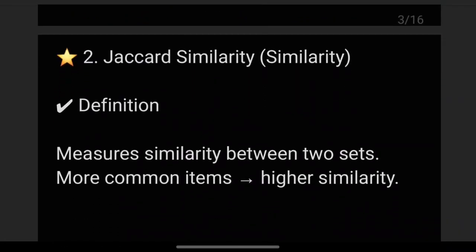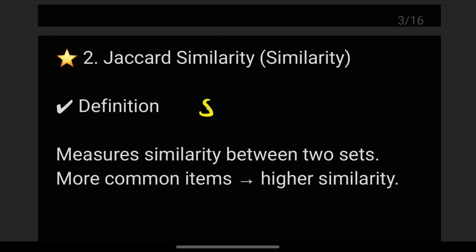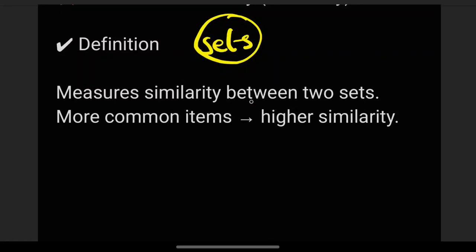Now moving on to another subtopic, Jaccard similarity. This is used for sets and measures the similarity between two sets based on common elements.